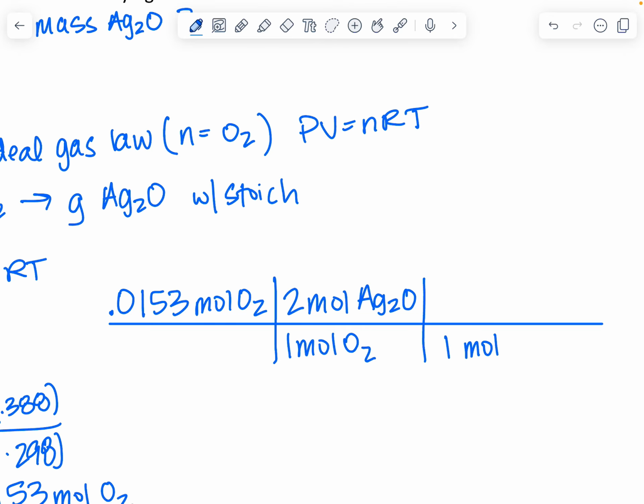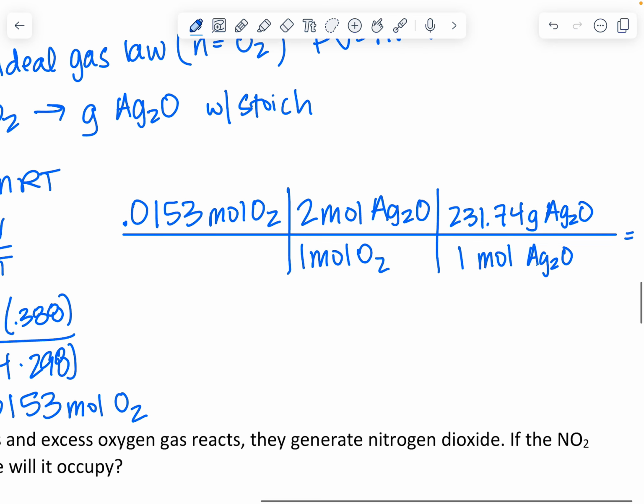And remember that molar mass is grams of 1 mole of substance. So Ag2O on the bottom, 1 mole of that. And then the molar mass, you should get 231.74 grams of Ag2O.